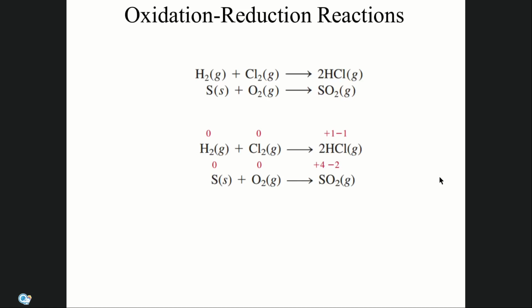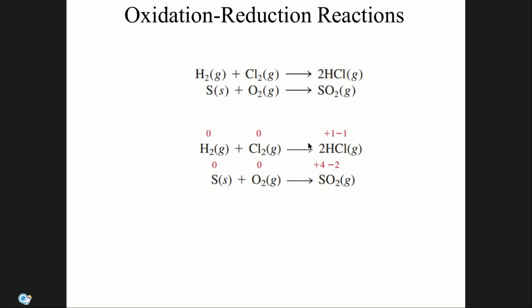However, the definitions don't accurately characterize the formation of hydrogen chloride and sulfur dioxide, because HCl, hydrogen chloride, and sulfur dioxide are not ionic but molecular compounds. No electrons are actually transferred in the formation of these compounds, as they are in the case of magnesium oxide.